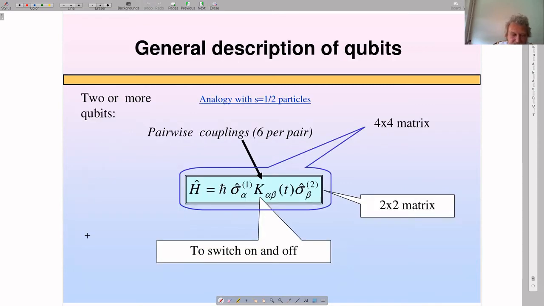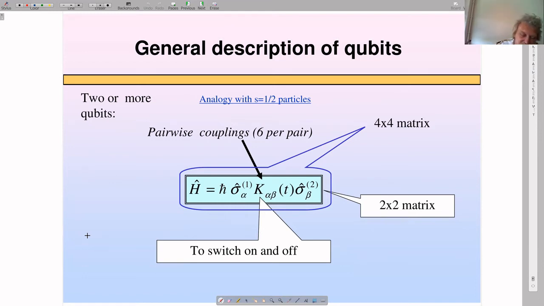Right. Let us understand now how two or more qubits can work together. Again, for two qubits, still no problem to arrange a Hamiltonian which has terms of interaction between them.